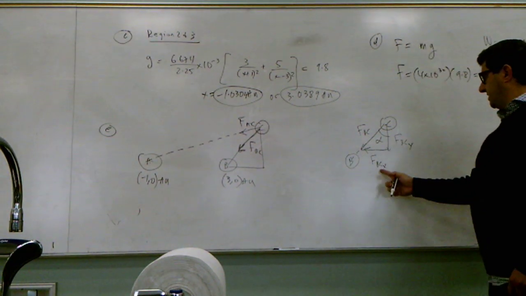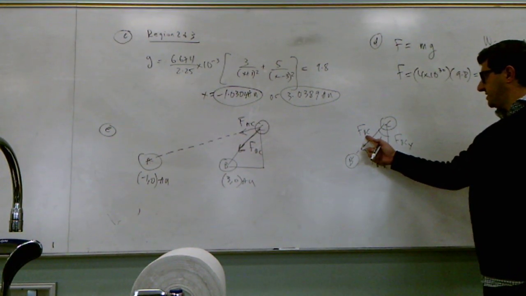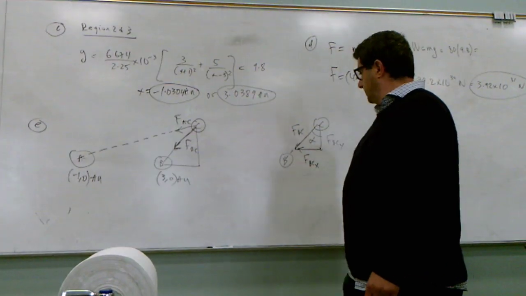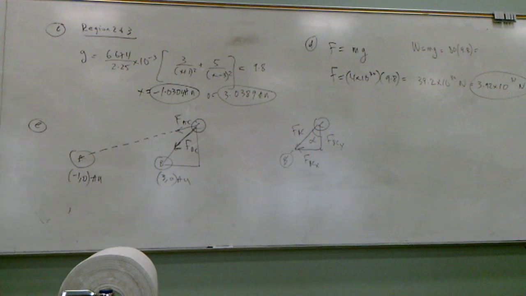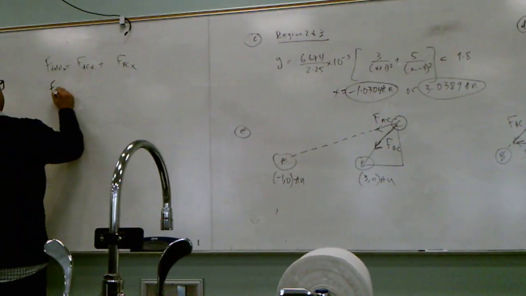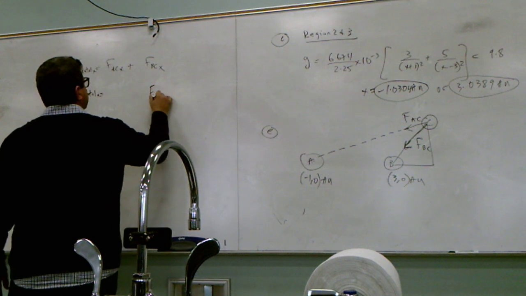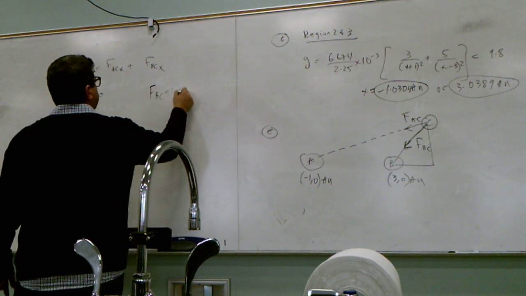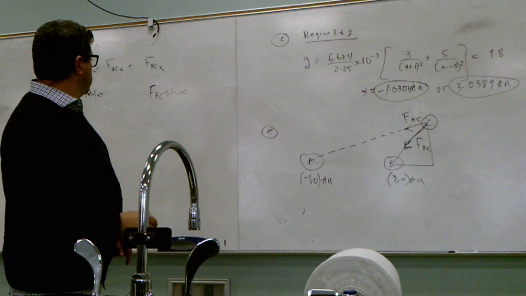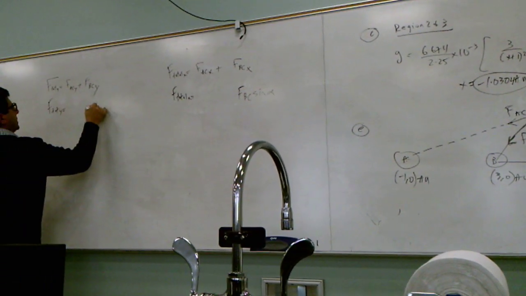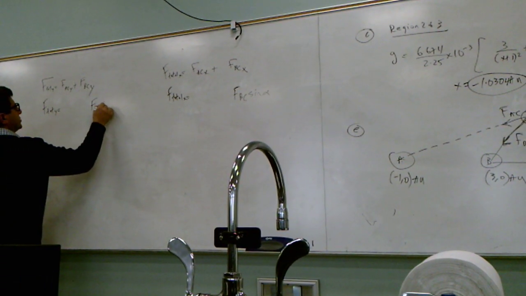So FBCX is going to be FBC sine alpha, right? And then the Y is going to be FBC cosine alpha.